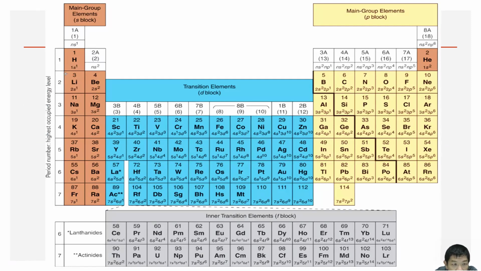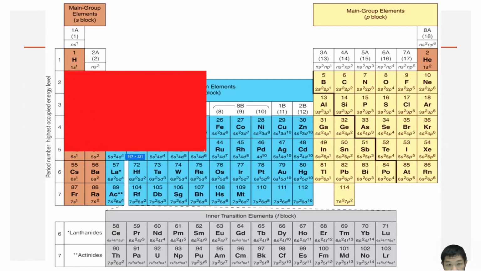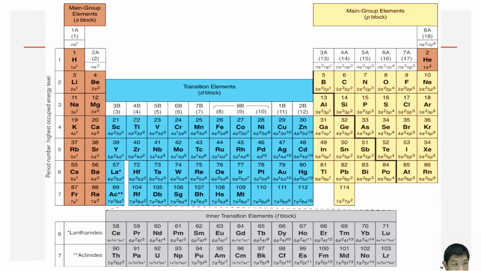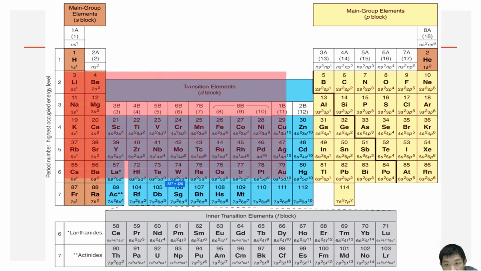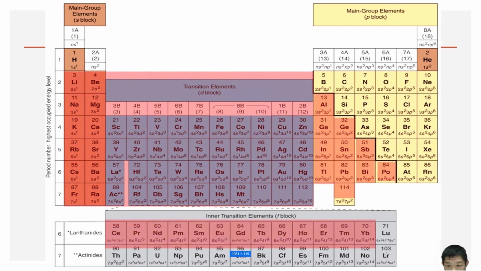As I described previously, from here to here, all of them are metals. Okay, so you have Group 1, Group 2, transition elements, some of Group 13, 14, 15, and 16 are also metals. And the lanthanide series and actinide series, all of them are categorized as metals here.